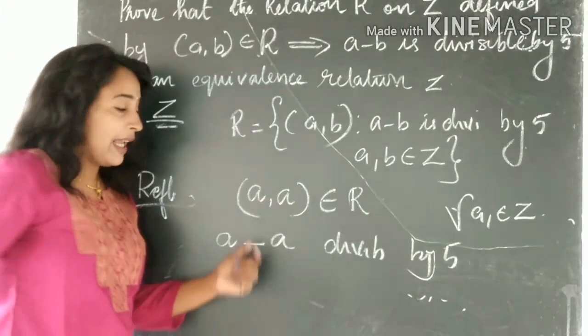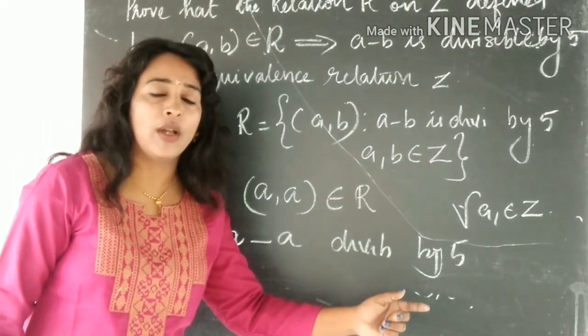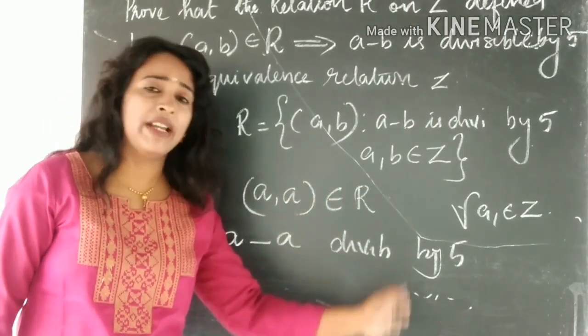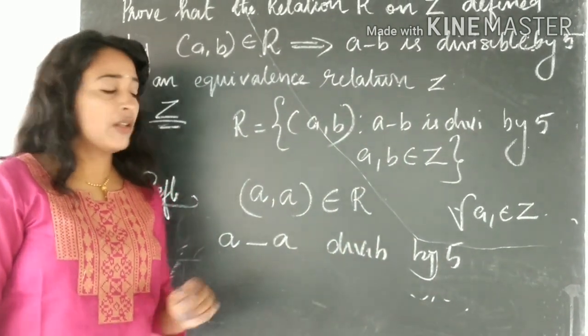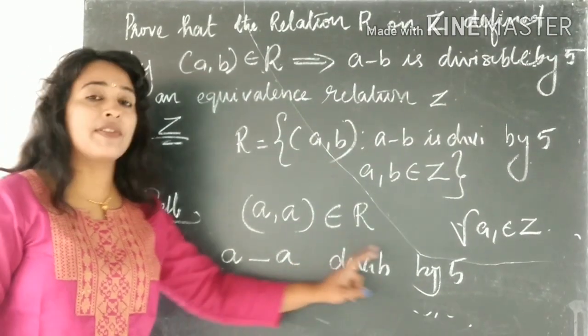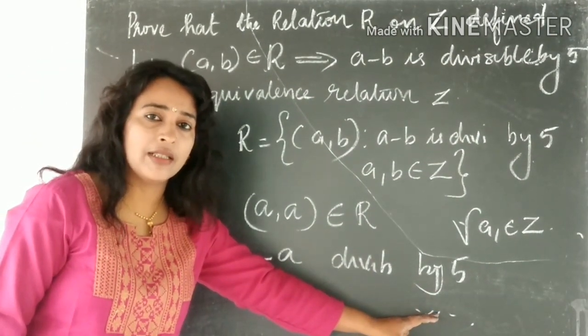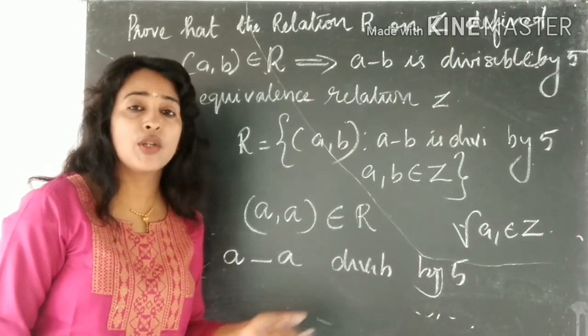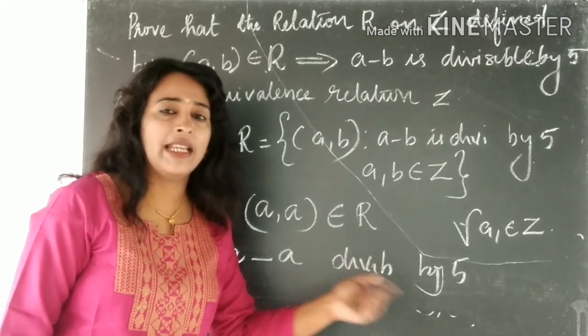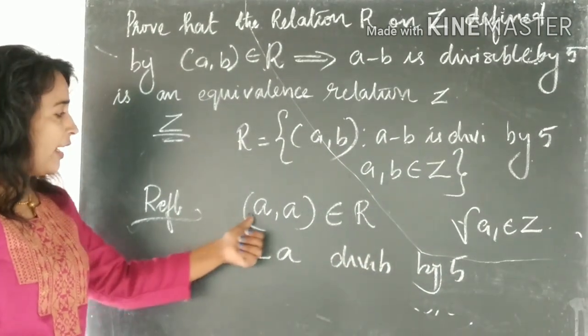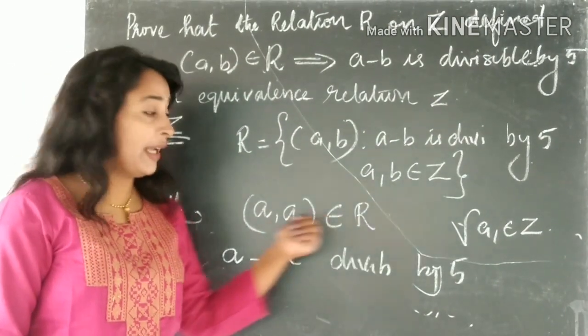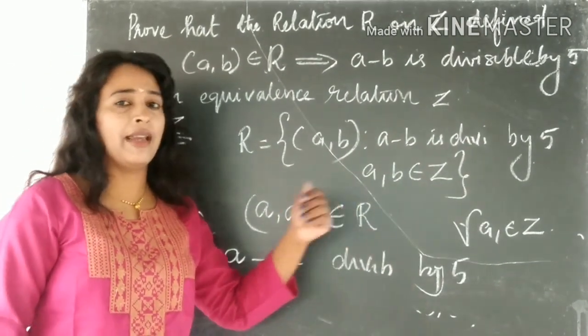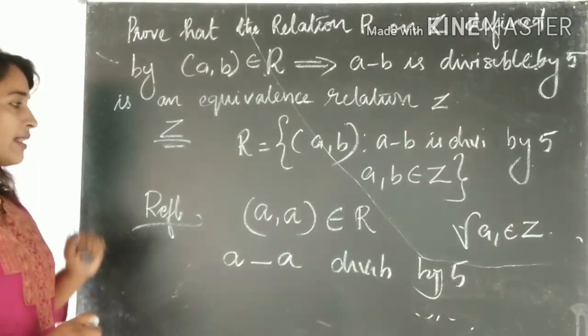You know why? A minus A is 0 and it's a multiple of all numbers. So A minus A is divisible by 5 because it's a multiple of 5. 0 is a multiple of any number. So we can say A is related to A, AA belongs to the relation. Hence, it is reflexive.